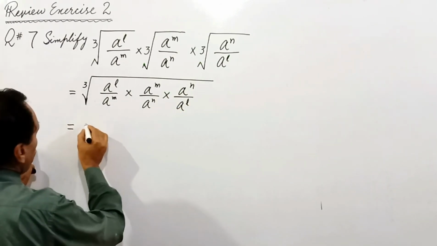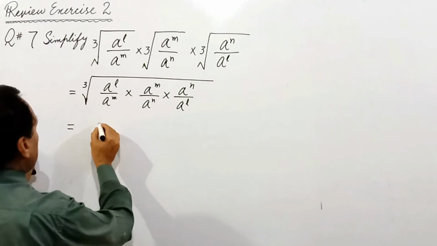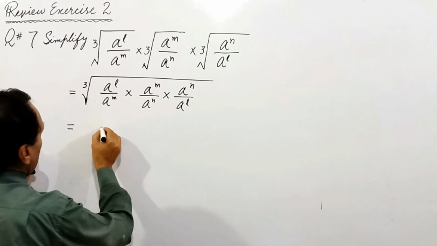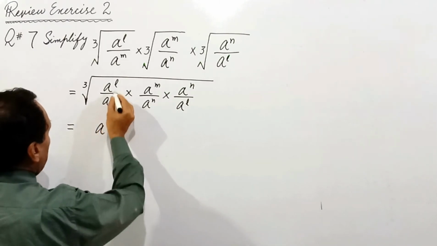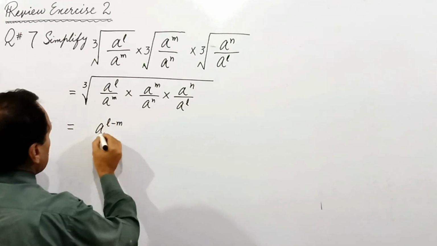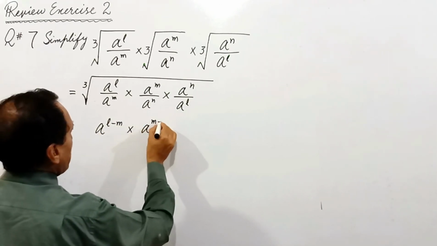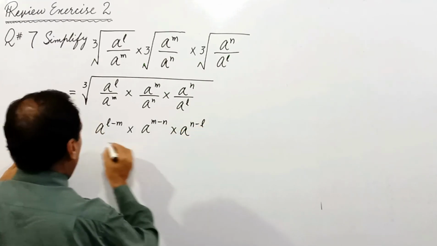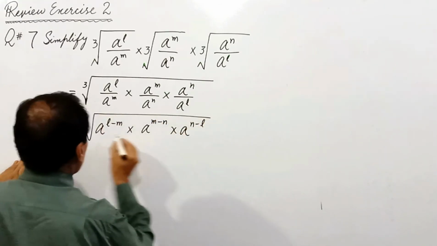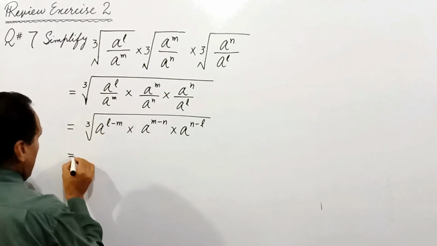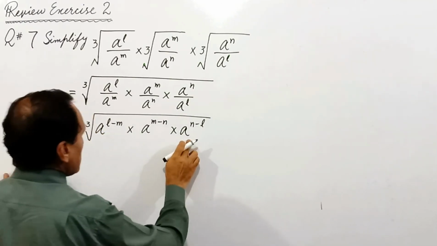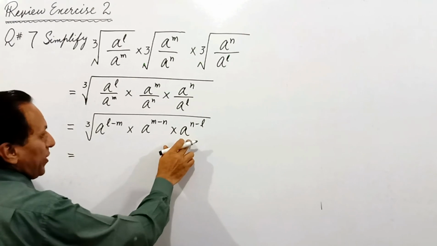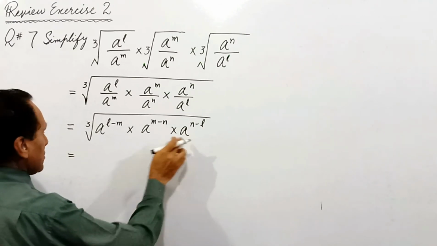In the next step, we apply the law of quotient of power with the same base, and according to it, we have a raised to power l minus m, a raised to power m minus n, and a raised to power n minus l. As these values are now in the form of a product, we apply the law of sum of powers.